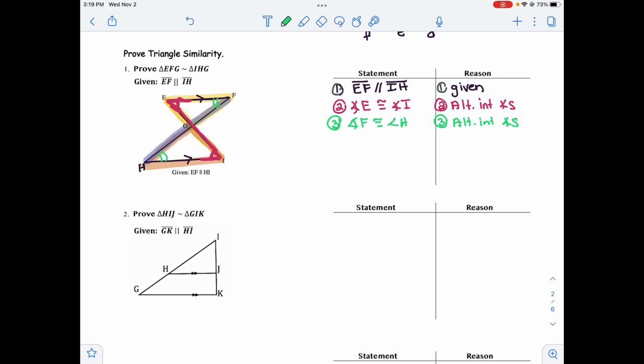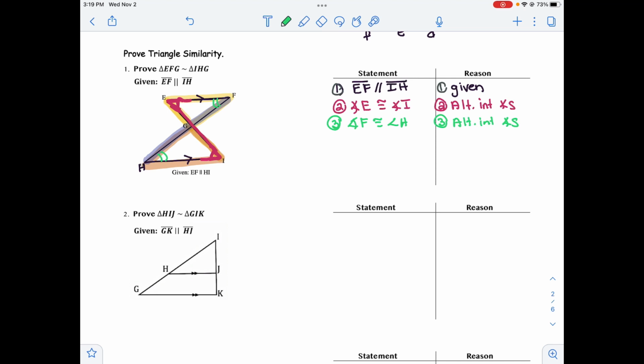Now, we have two angles, and we're just proving similarity. We don't have to go further. We could look at the vertical angles that are created right there at the intersection point. But we're just going to talk about either AA triangle similarity, SAS, so side, angle, side, and side, side, side. Well, we already have two angles, so obviously we're going to use angle, angle.